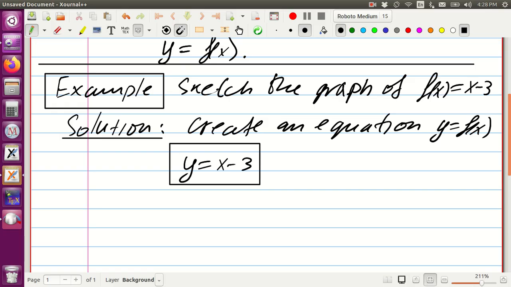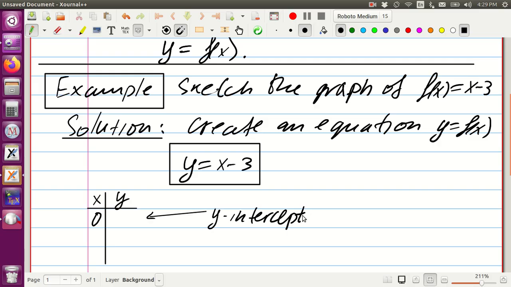And since it's a straight line, we have to create a couple of points. So maybe the table is a good way to put it. And let's create the y-intercept first. To create the y-intercept, we're going to take x equal to 0, right? So this would be our y-intercept.